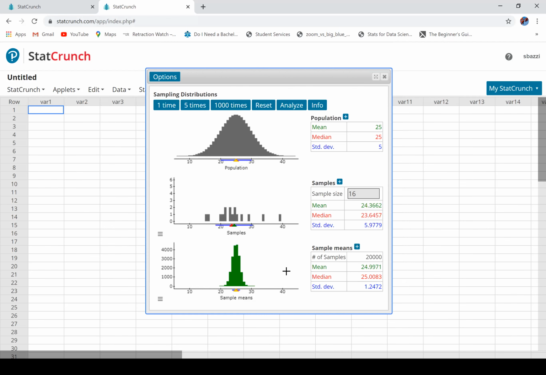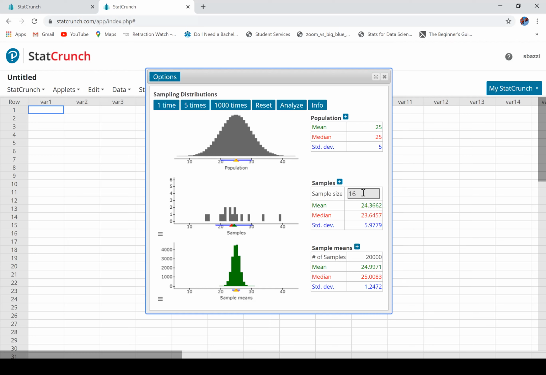All right. So notice, guys, the original population is bell-shaped, the sample size is small, it's only 16, and we drew 20,000 samples. We did 20,000 means. Look, the mean is remaining the same as the mean, 25. It's 24.997. If you round it, it would be 25. And then the standard deviation, guys, take 5 and divide it by square root of 16.